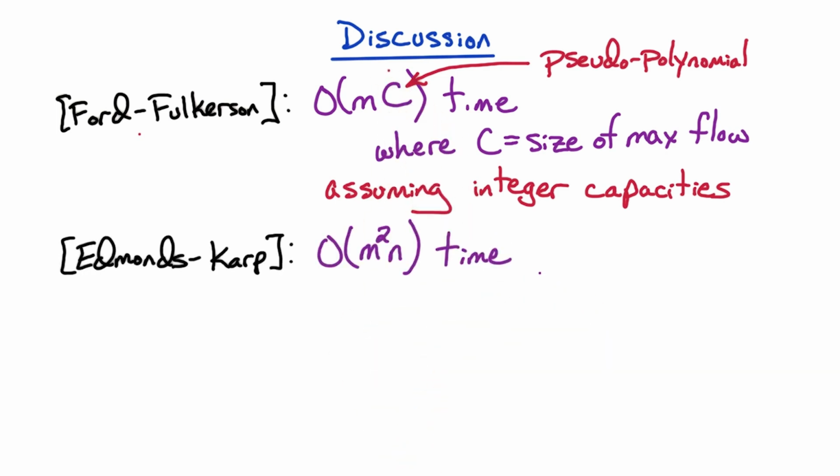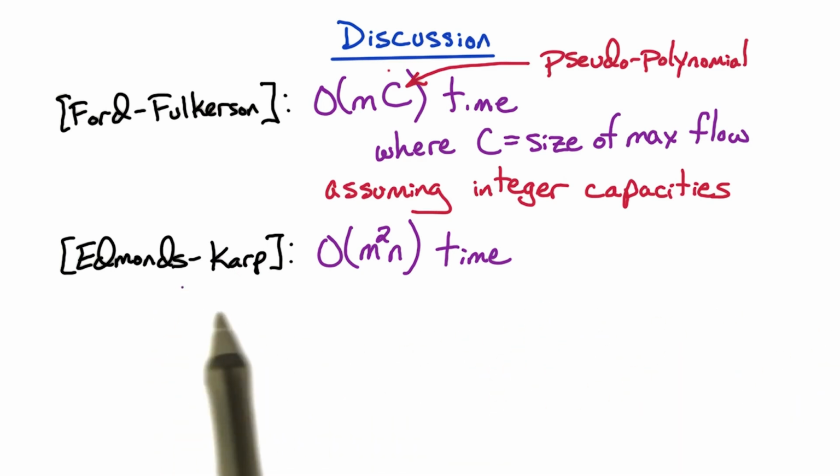What we're going to see next is the Edmonds-Karp algorithm. This is very similar to the Fulkerson algorithm. It's got the same paradigm, but in the Fulkerson algorithm, we just find any path from S to T in the residual network. And we can run DFS or BFS to find such a path. In the Edmonds-Karp algorithm, we take the shortest path from S to T. Shortest means minimum number of edges. We don't care about the weights on the edges.